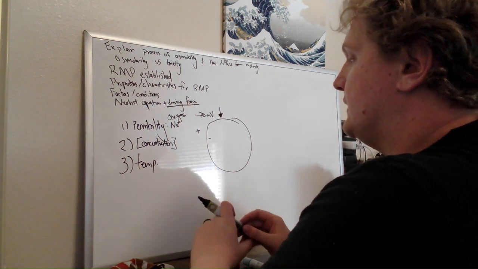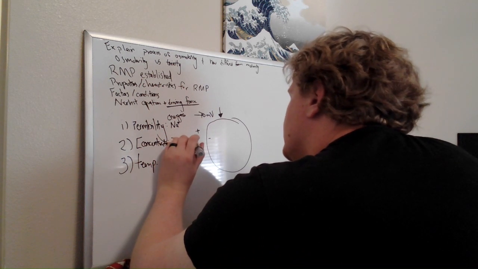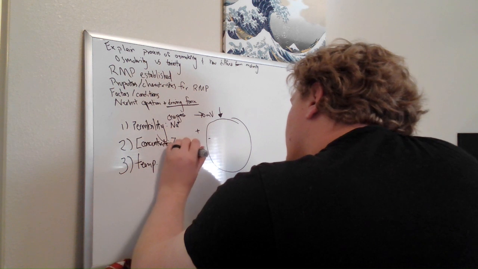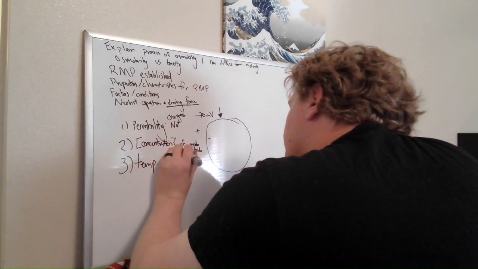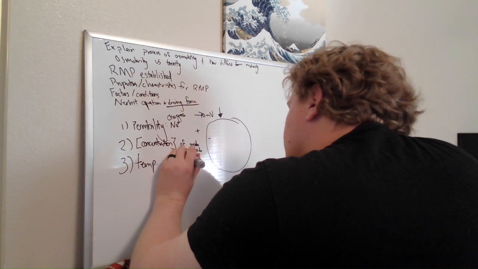Another one is the concentration of certain ions on the inside versus outside the cell. In the case of sodium, it doesn't really matter changing the concentration on the outside of the cell.